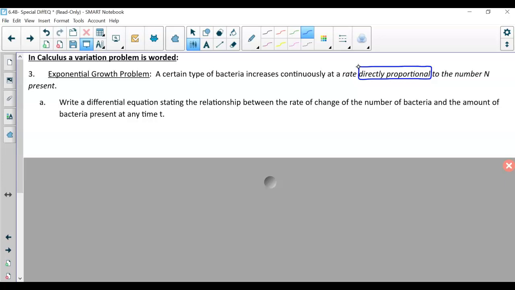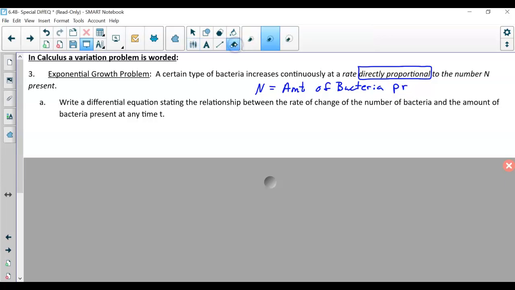Okay, so n is the amount of bacteria. It's hard to write on this board. I don't even have to say present.